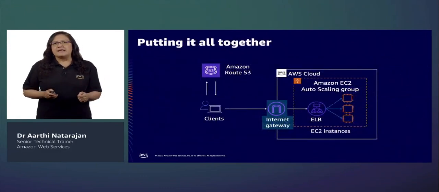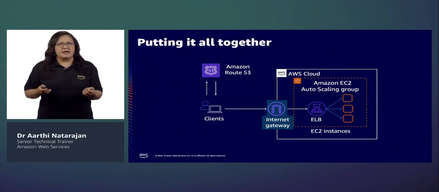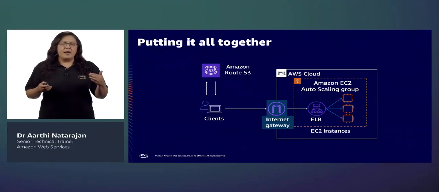In this particular example, we might have a client or an end user that's trying to connect to our application that is sitting within our VPC. The end user would navigate to our website URL.